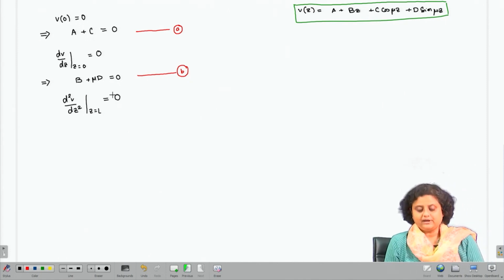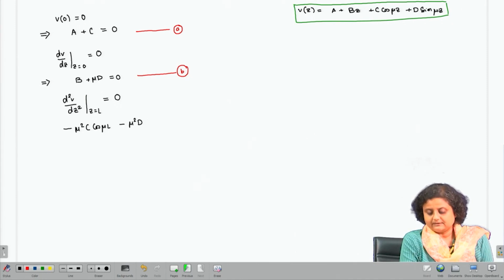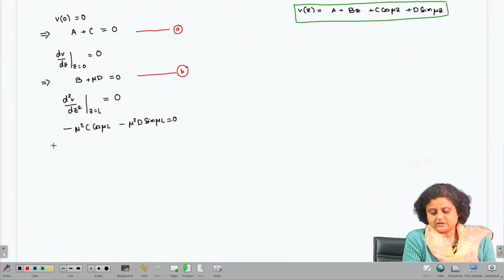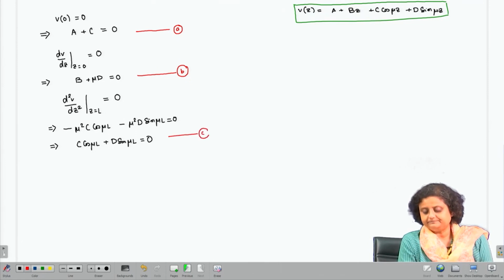If I take d2v by dz square, I am going to get minus mu square C cos mu L minus mu square D sin mu L is equal to 0, which can be further simplified and written as C cos mu L plus D sin mu L is equal to 0. Let me call this equation C.